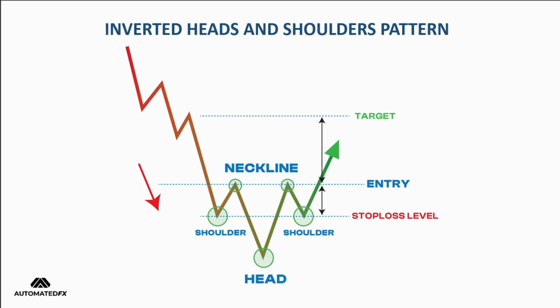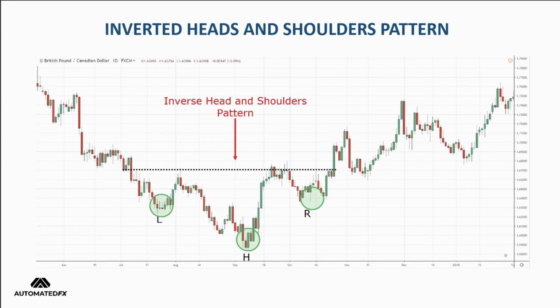It is made up of a low or left shoulder, a deeper low or head, and a higher low, the right shoulder. When price breaks above the neckline, it confirms that sellers are losing control and buyers are gaining strength. These patterns often mark the transition from a bearish market to a bullish one.